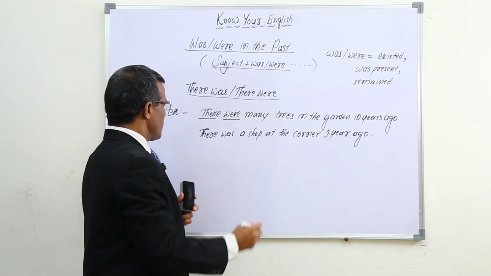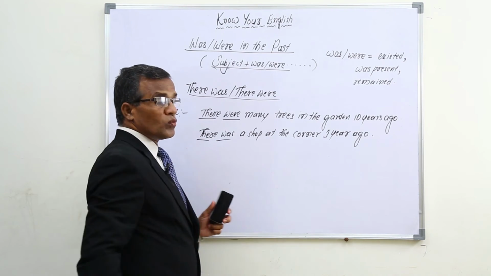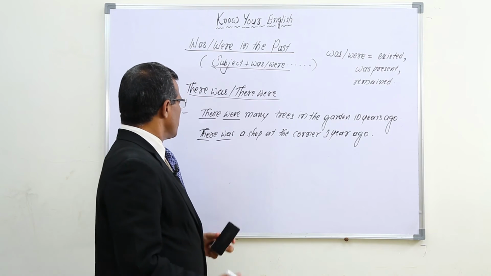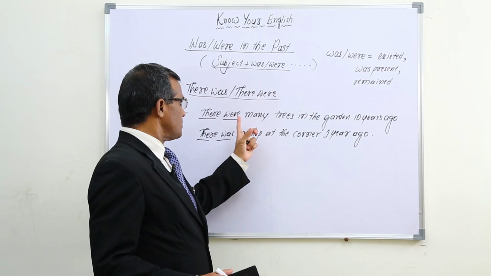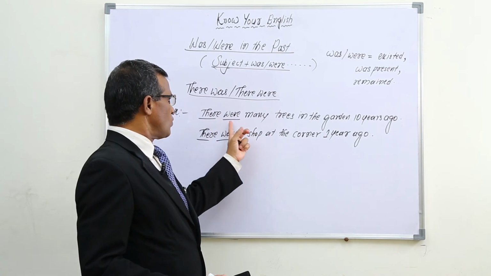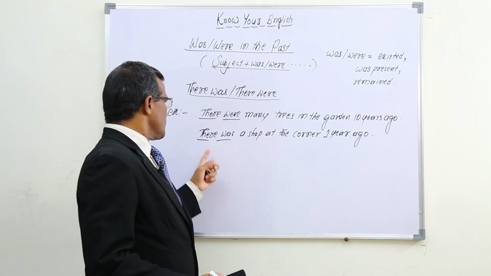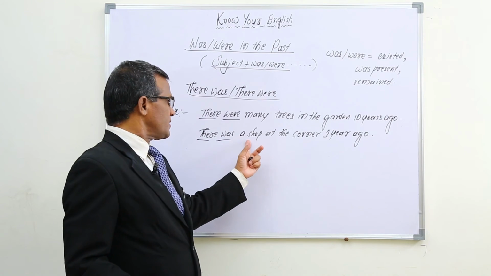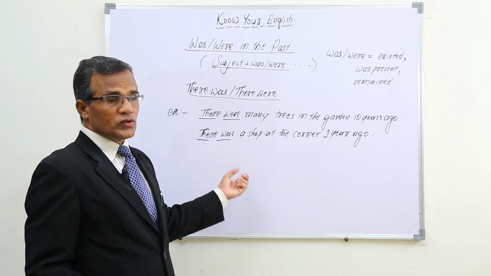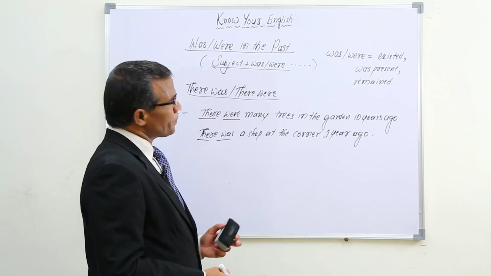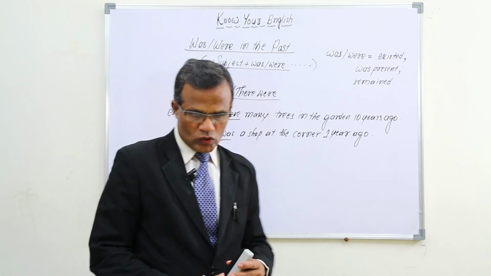So in this way, we can use there was, there were also. If a plural subject comes after this, we use there were. Many trees is a plural subject, so we use there were. A shop is singular, so we use there was.